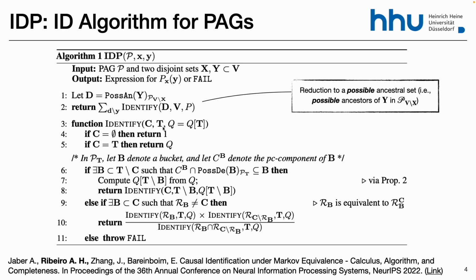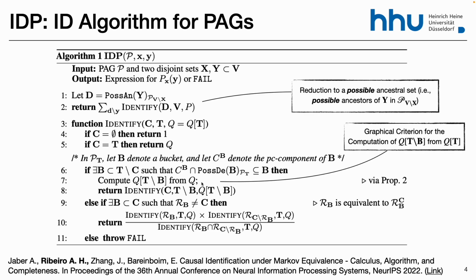That could be either the observational distribution when T equals V, or, when you recursively apply this identify function, an interventional distribution. So you are breaking down the problem into several small problems, and this is always going to compute QC given QT.